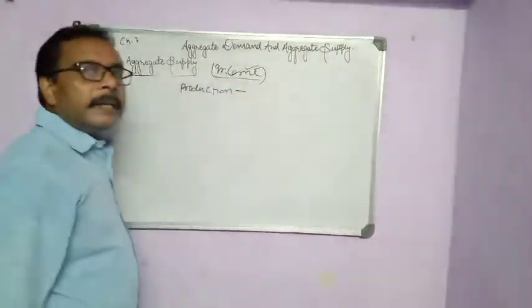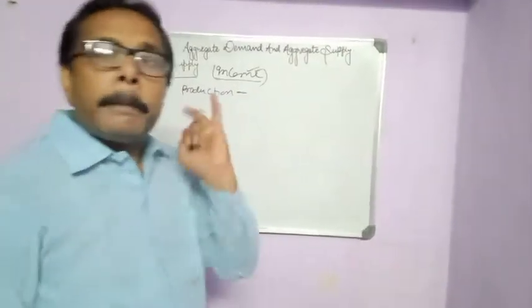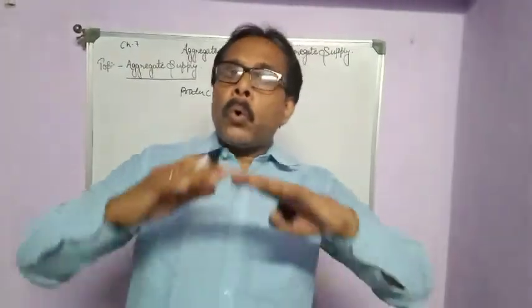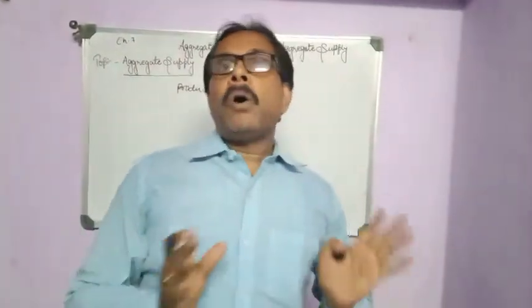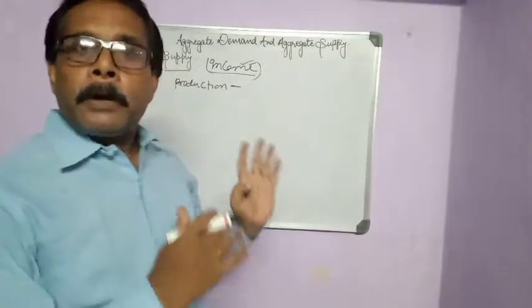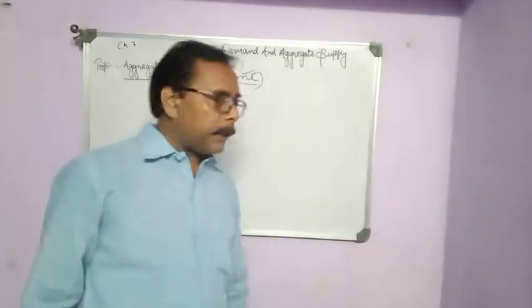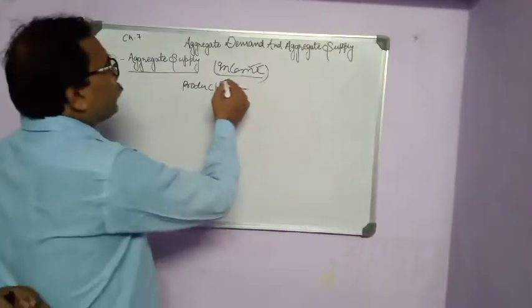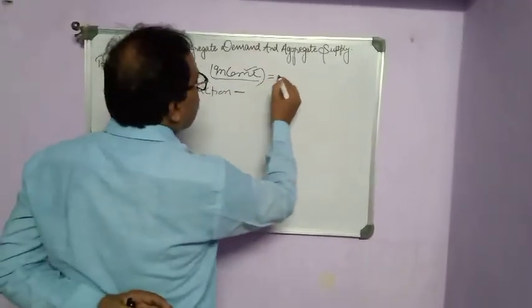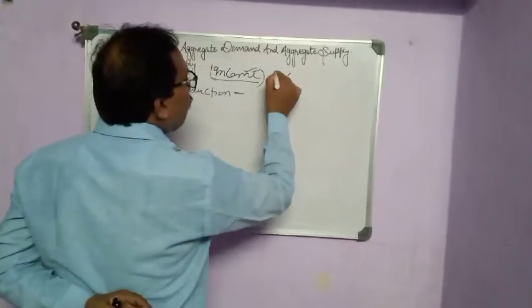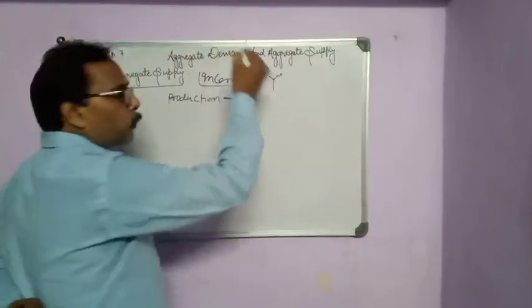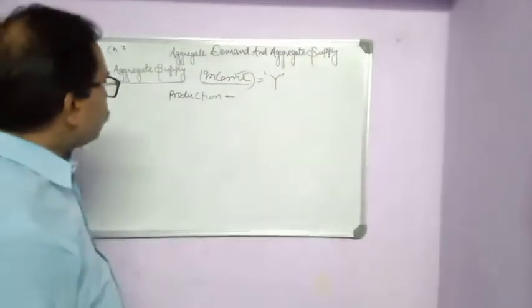It is the income not of an individual, but of the whole economy, and it may be in the form of domestic or national. Here the income is considered as national income and it is denoted by Y. Is it clear?